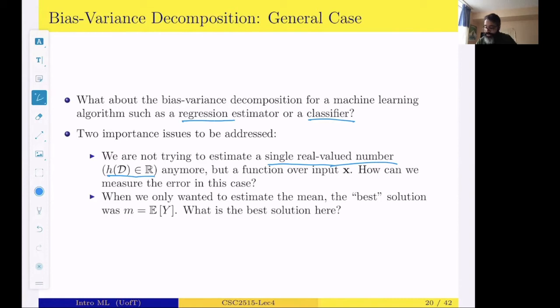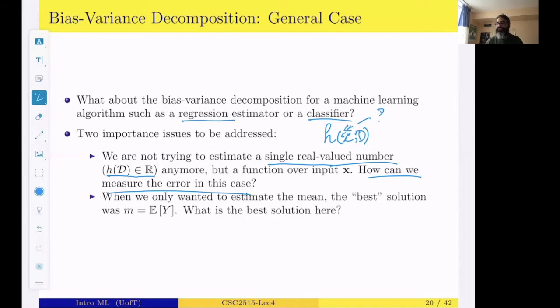Now, one question is: how can we even measure the error in this case? Like what point x do we want to talk about? If you recall, we can write the estimator as h(x, D), which says that it's a function of D, but defined as a function of x. So which x should we choose here?